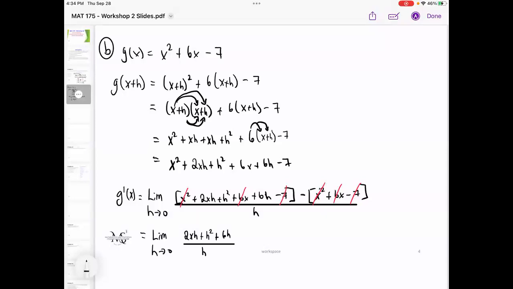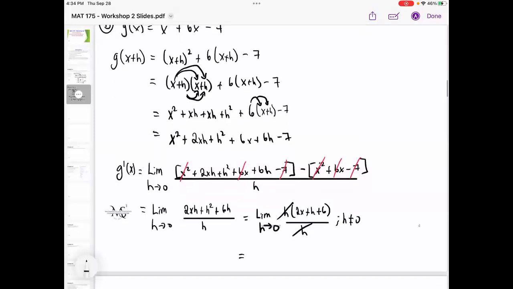So this next line, I can write as the limit as h approaches 0 of, factor out an h, you have 2x plus h plus 6, all divided by h. As h is not equal to 0, the h's will cancel, and your limit simplifies to 2x plus h plus 6. As h goes to 0, you're just left with 2x plus 6.